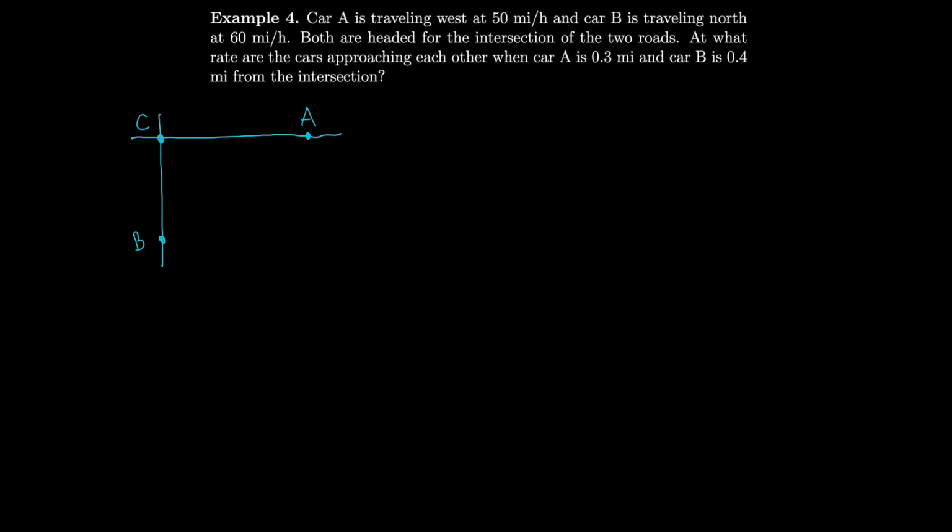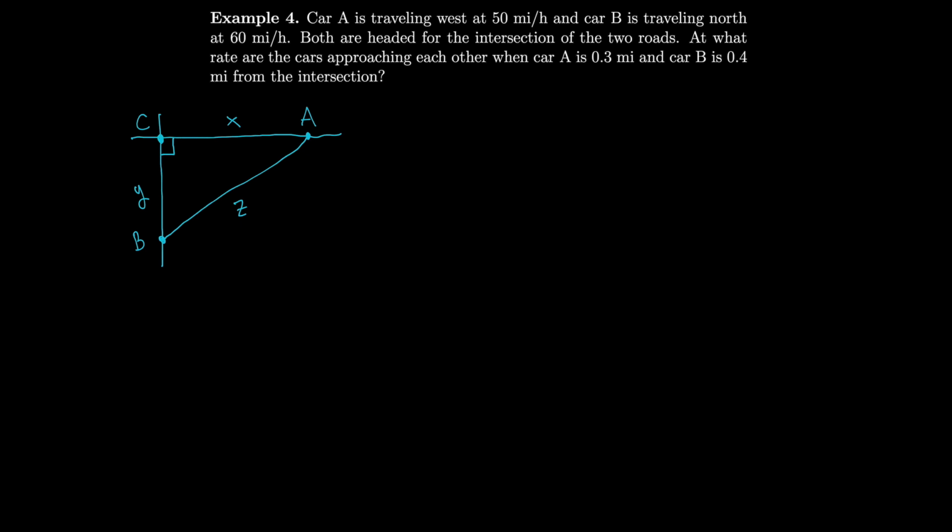So the distance from A to C is, let's say, x. The distance from B to C we can call y. So that means the distance between A and B we can call z. And this is a right triangle. Okay, so now we know that car A is traveling west at 50 miles an hour.